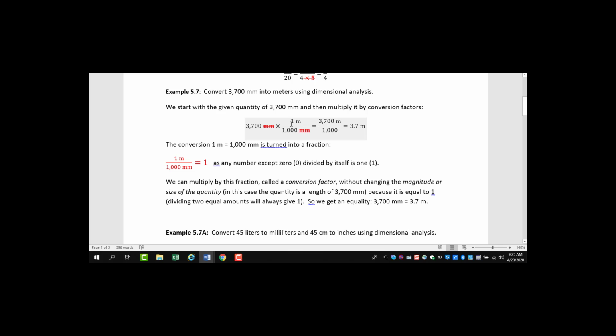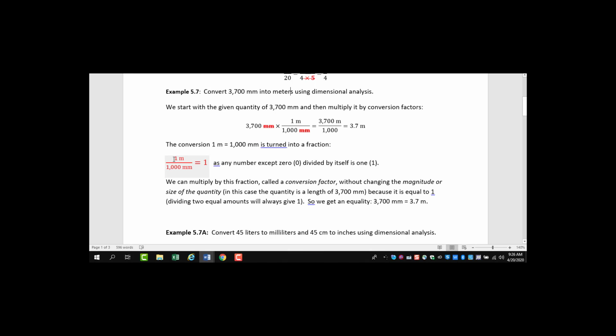Now, the conversion factor is 1 meter equals 1,000 millimeters. And we turn it into a fraction: 1 meter over 1,000 millimeters. And that equals 1, because it's the same value. The numbers aren't the same, but the value's the same.